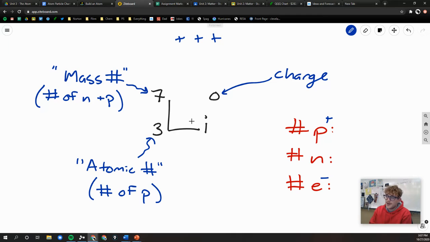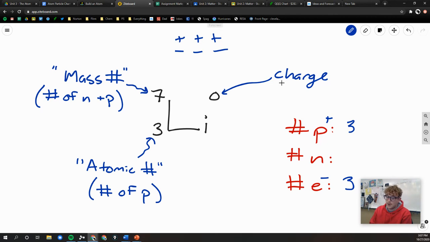So if I have 3 positive charges, I'm going to need 3 negative charges to cancel each of these guys out. What particle is a negative charge? Those are my electrons. So if I'm going to have an overall charge of 0, I'm going to need the same amount of protons, which is 3, as I do electrons. So I would have to have 3 electrons to cancel out my 3 protons based on my charge.